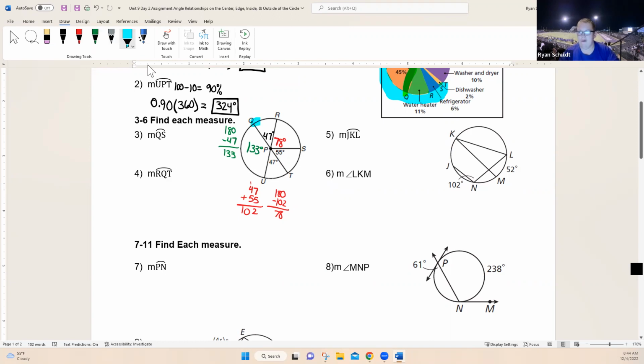They ask us for Q to S. So 47 plus 78. That's going to be 125. So 125 degrees.